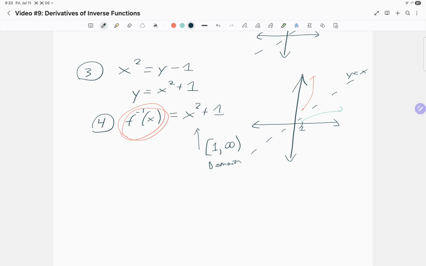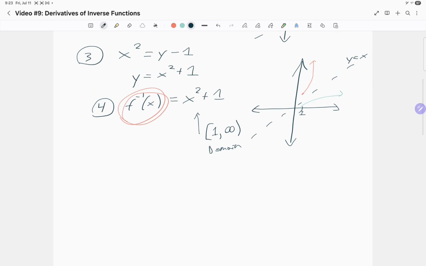But there's another test, and this is very important for our discussion today, to test if two functions are inverses.